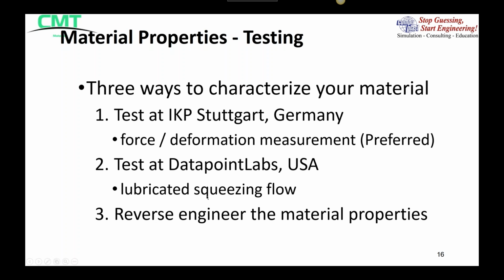And then the third way is to reverse engineer the material properties based on performance data. So if you are actually forming a part with that material, what we can do is we can pick the closest material in the database to that material, run a simulation, compare the results, and then modify the material behavior, either make it more viscous or less viscous, or more elastic or less elastic, until we achieve the same results in the simulation as you see in the physical part.